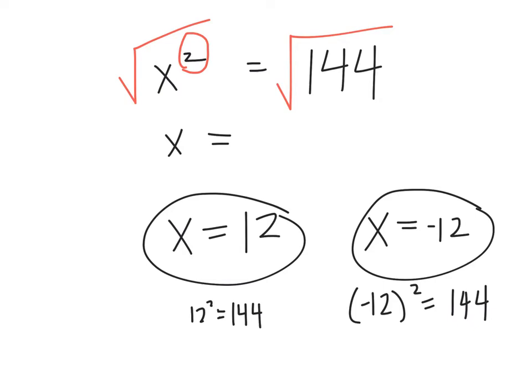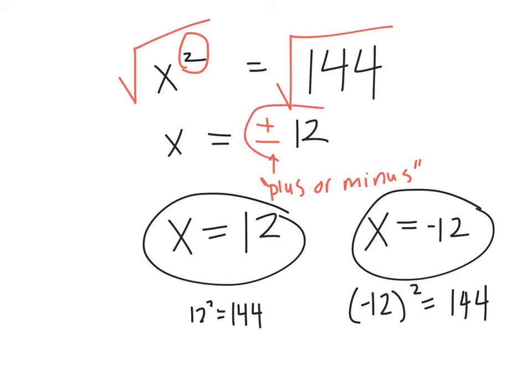And now here's a new mathematical symbol that you have not seen before, and that symbol is plus or minus. We literally say this is called plus or minus. That's how you say that symbol. The answer is the square root of 144 is plus or minus 12, because technically there are 2 answers.